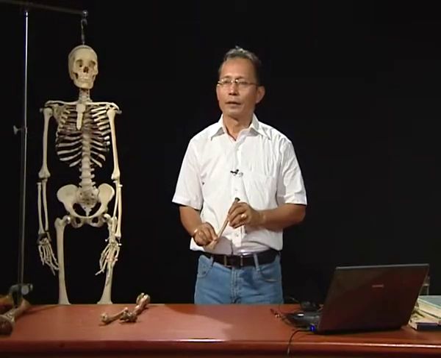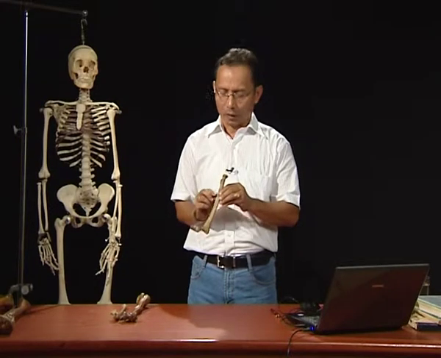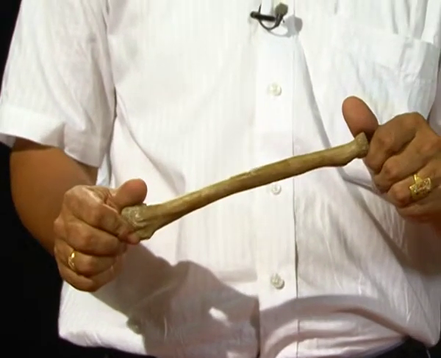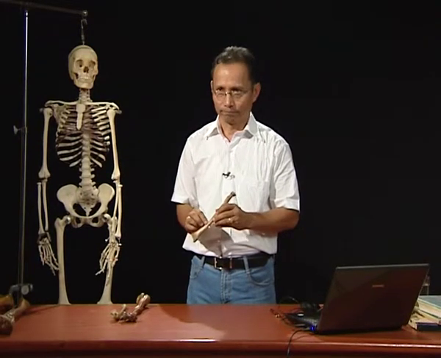Let us take up the second bone of upper extremity. This is radius. As you know, this is a bone, so it belongs to endoskeleton. Then part of skeleton, appendicular skeleton, because it's a limb bone.